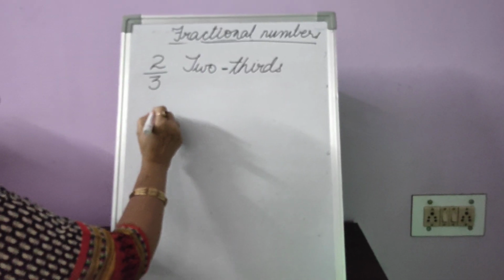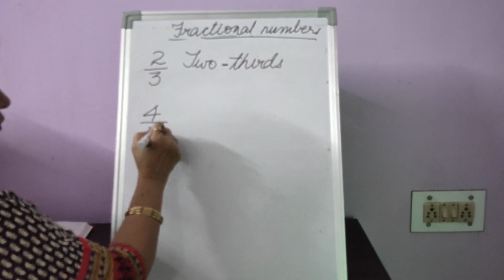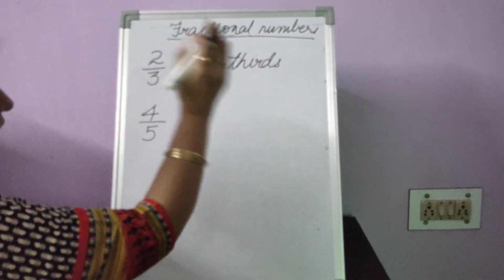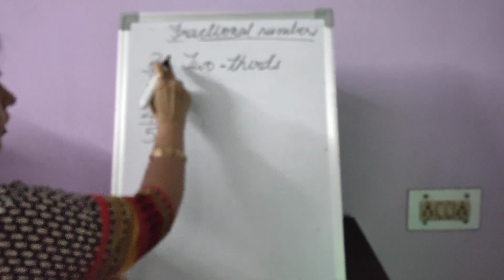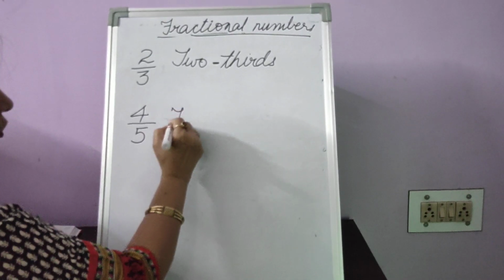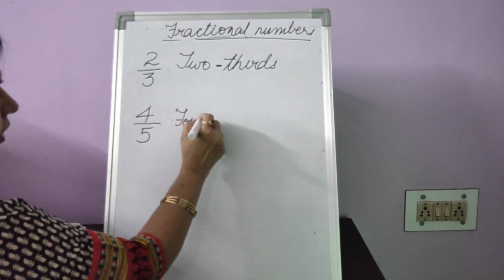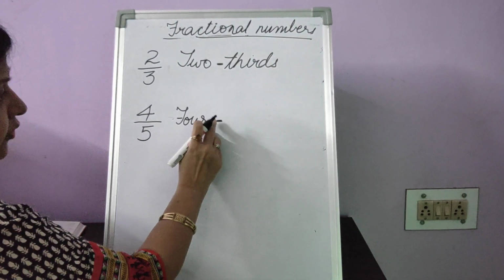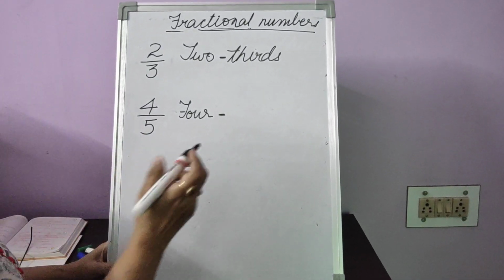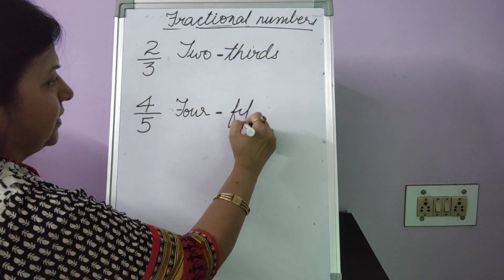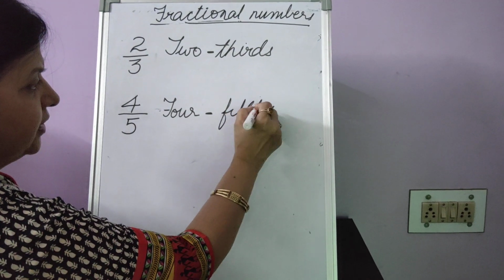Again, 4 upon 5. This is the fraction given. Now when you write it in fractional numbers, this will become 4. This is very important. The hyphen is written in the middle. And for 5, we will not write 5. We will write fifths. And we always write S. F-I-F-T-H-S.